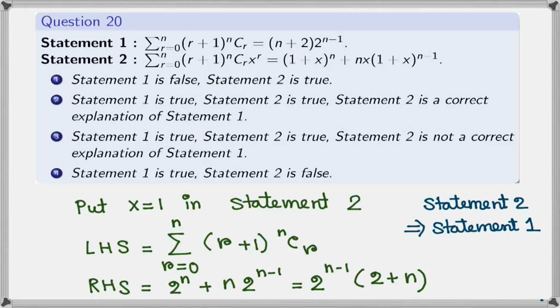So, we will start verifying whether statement 2 is correct or not. Let us begin with the binomial expansion of (1 + x)^n. This is equal to the sum running from r = 0 up to n of nCr x^r.